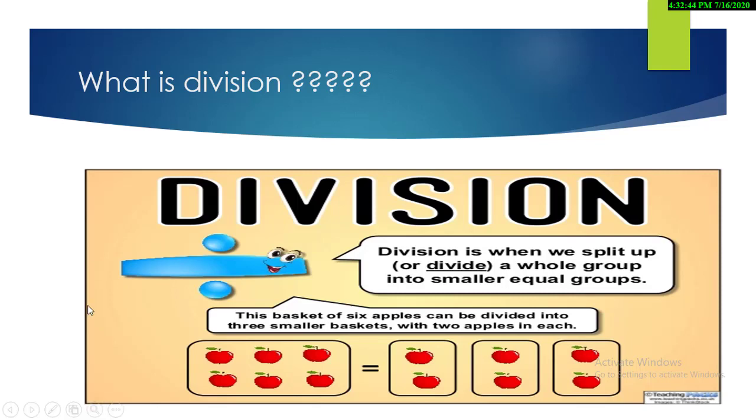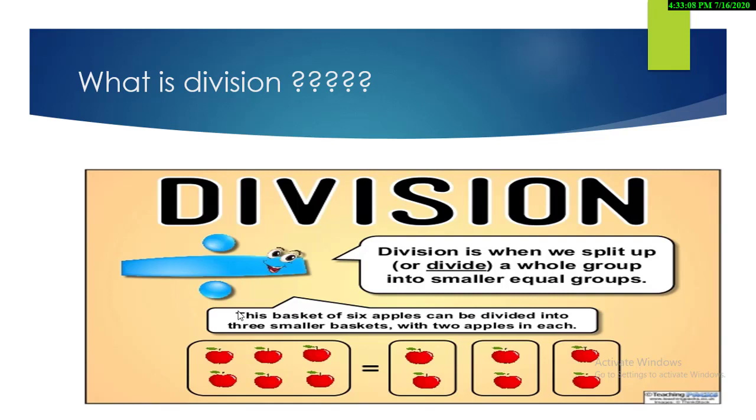For example, a basket of 6 apples can be divided into three smaller baskets with 2 apples in each. In division, the whole number of items is given, and you read the table till the middle number. The middle number is like 3 twos are 6.